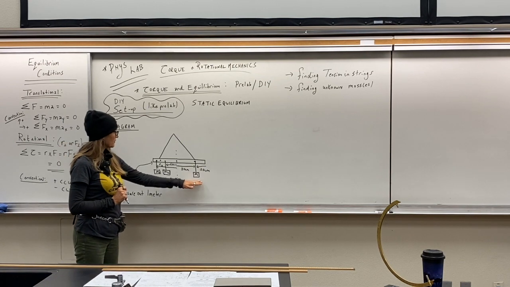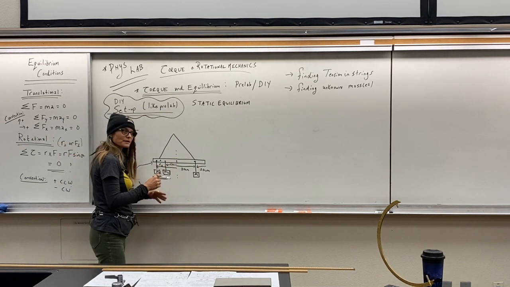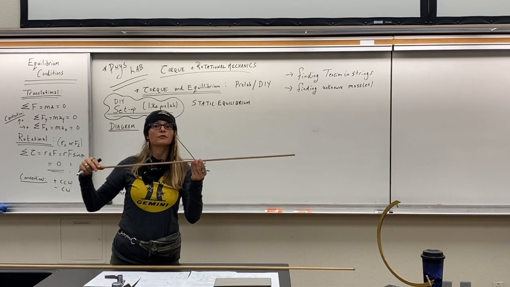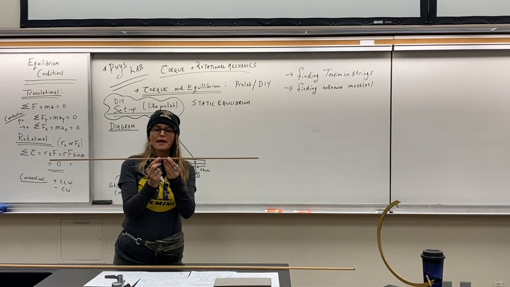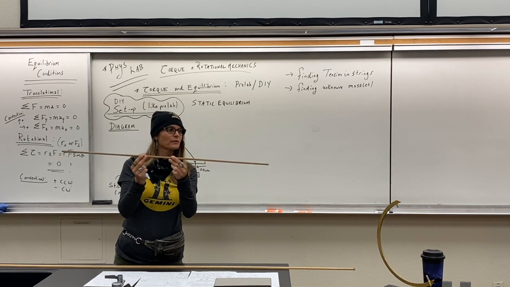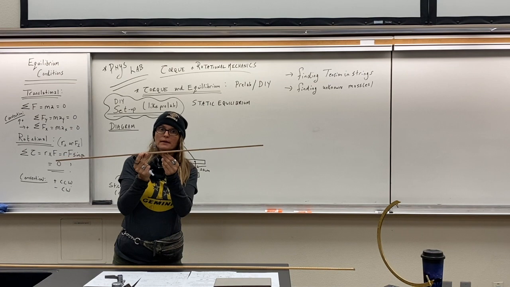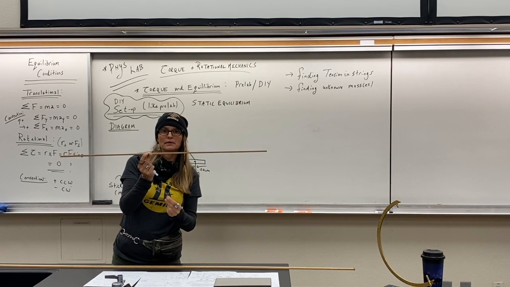Okay, so we have 3 masses suspended from this meter stick, and of course we cannot discount the mass of the meter stick itself, and we're going to assume that its center of gravity is the center of mass, and if we condense all this, it will act as if the entire weight will be acting in the center of the meter stick.